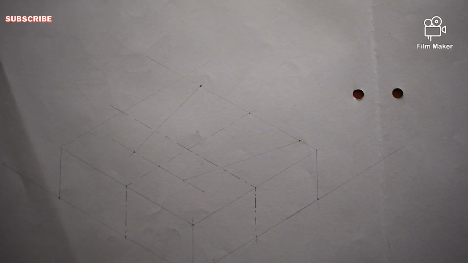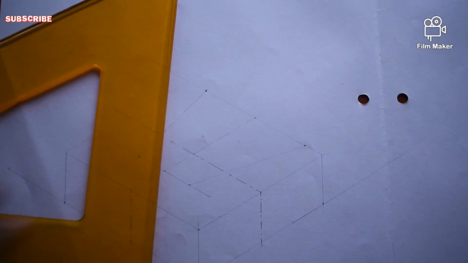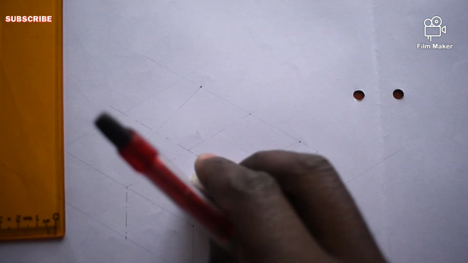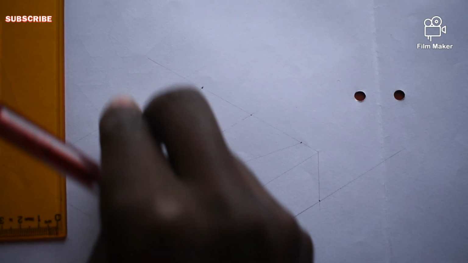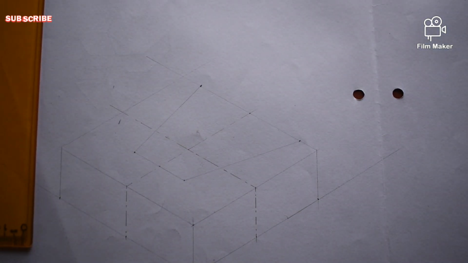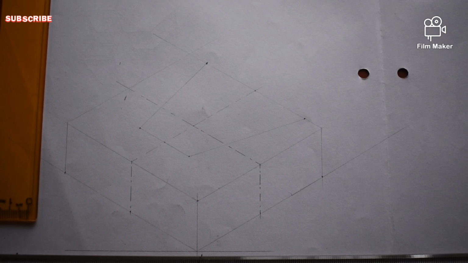But this one will be talking about the one that is at the back actually, you understand? So now I have to consider that height of 10 millimeter going up. Let me erase, because we are going to have many lines here. So all these points that we just drew now are still faint, my brother, they are still faint.